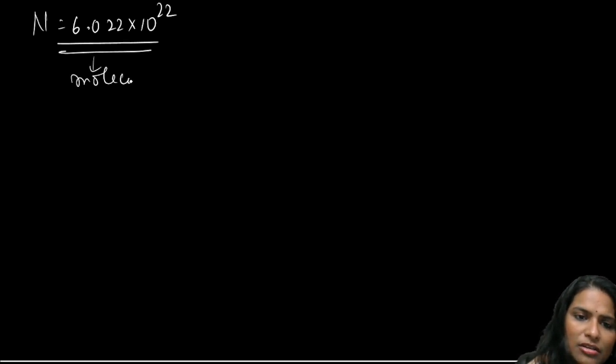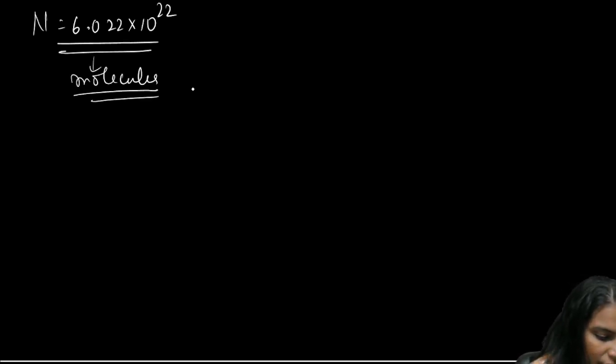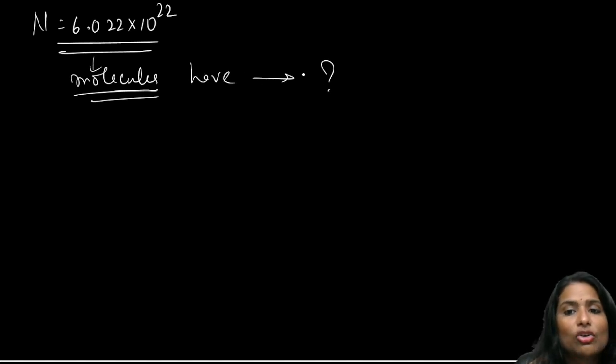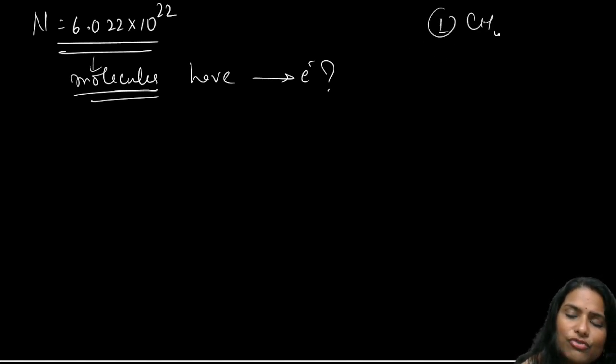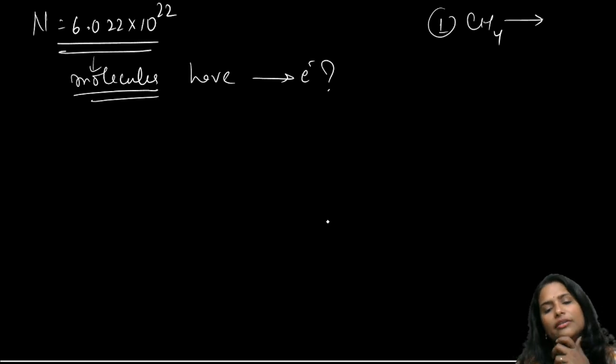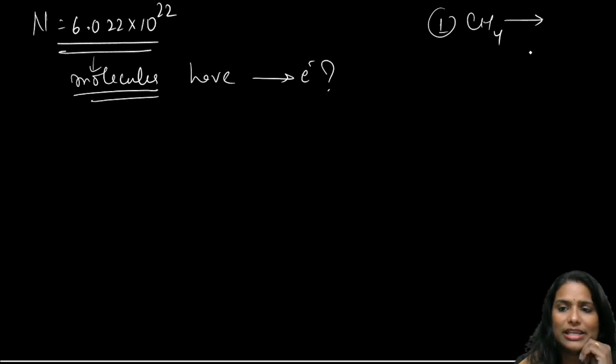Now, these many molecules will have how many electrons? Number of electrons is asked. First you need to calculate how many electrons are there in one molecule of CH4. How can we calculate the electrons?